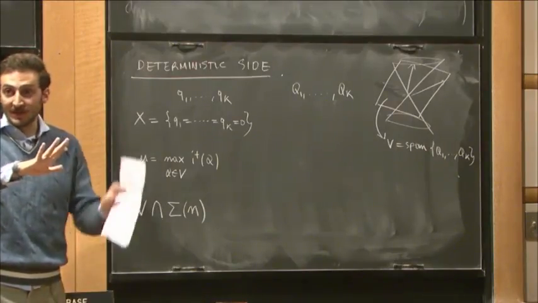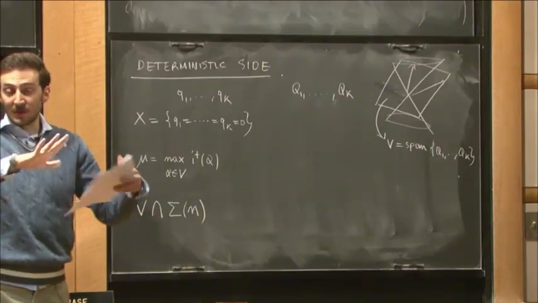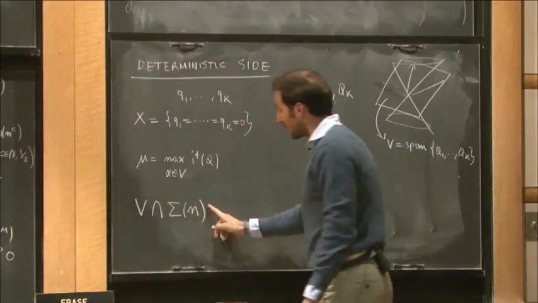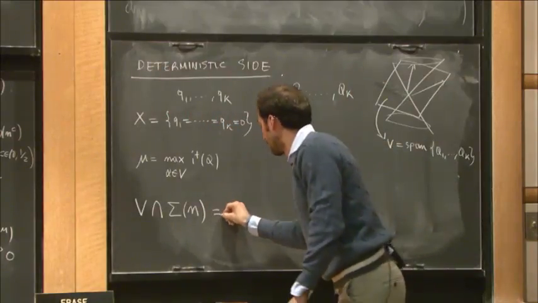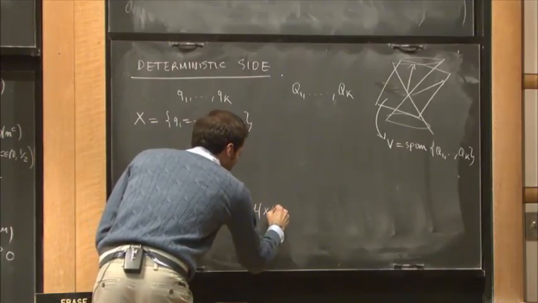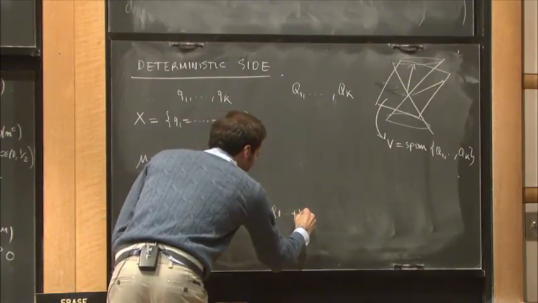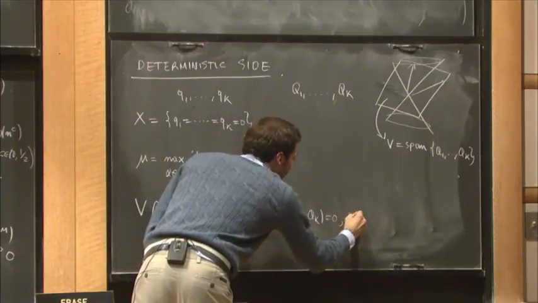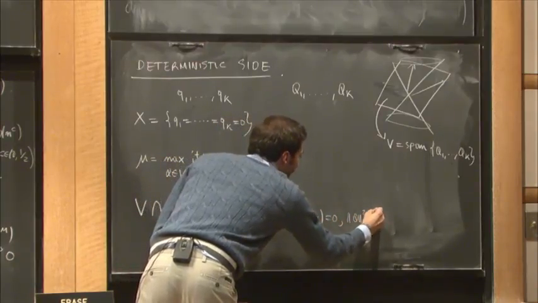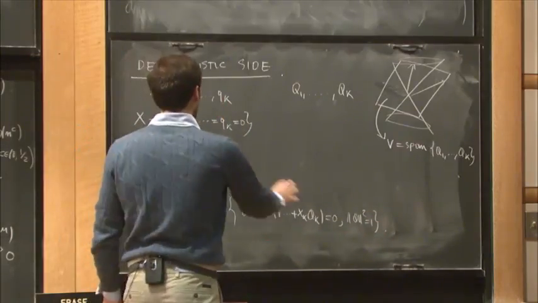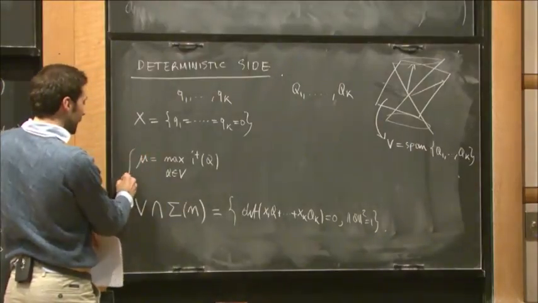So the number of lines in this plane where the determinant of a linear combination of these quadratic forms vanishes. This is given by the determinant of x1 Q1 plus ... plus xk Qk equals 0, and norm squared equal 1.